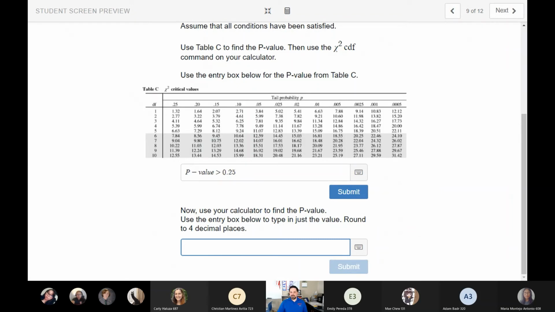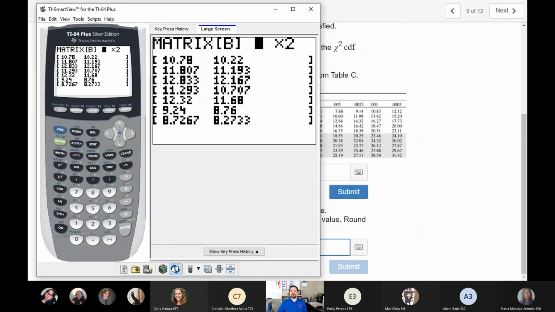And then again, if we go into the calculator, we have a couple options in calculating our chi-square statistic. We could do what we did with our matrices previously to find the chi-square statistic that automatically delivered us a p-value.